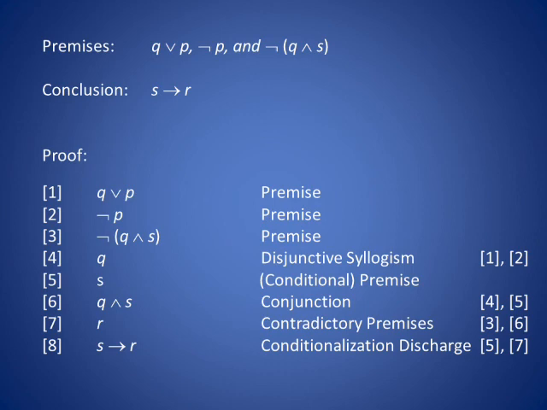Line 8 shows the discharge of the conditional premise S and the use of S as the antecedent in the implication S implies R. We say, using conditionalization discharge from lines 5 and 7, we have S implies R. This concludes the proof.